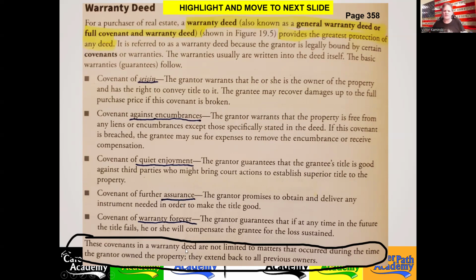And the covenants in a warranty deed aren't limited to matters that occurred during the time the grantor owned the property. They extend back to all previous owners throughout history since we started keeping records of ownership of land, since before we even formed as the United States.